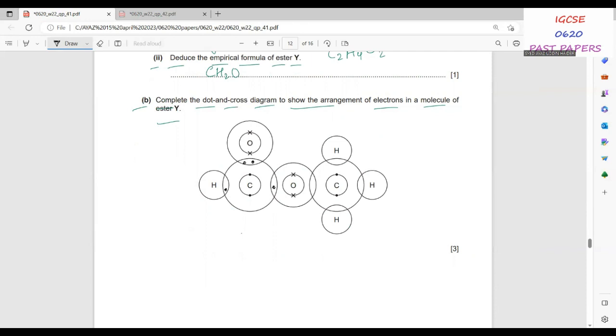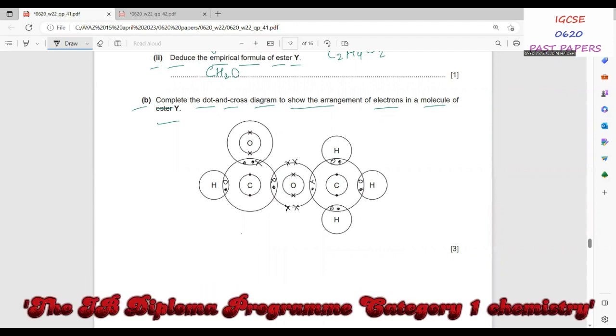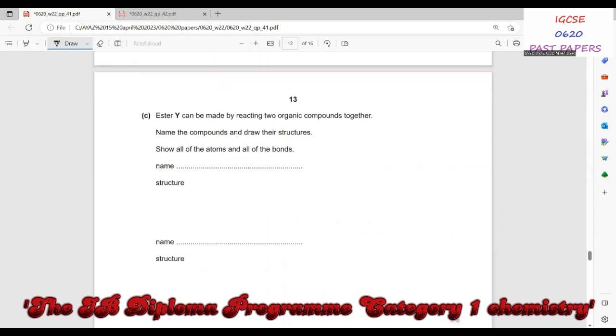For the right hand side, we have 1, 2, 3, 4. Now let's show the valence electrons for each hydrogen atom. 1, 1, 1, 1. For oxygen atoms, we have to show 6 valence electrons. 1, 2, 3, 4, 5, 6. Now the oxygen atom on top of the carbon, 1, 2, 3, 4, 5, 6. This will be your final dot and cross diagram.